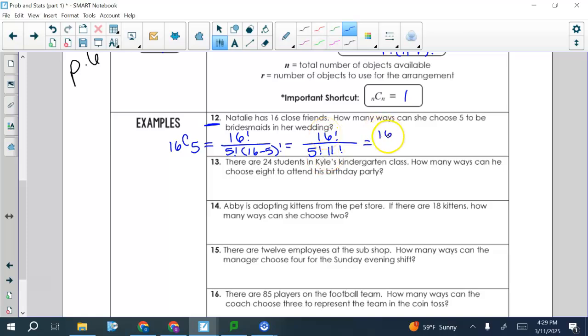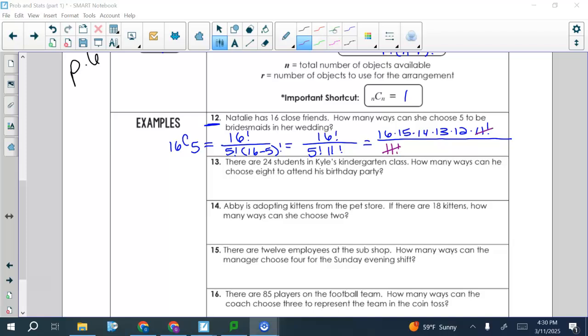So if you think of 16 factorial, remember that meant 16 times 15 times 14 times 13 times 12 times 11 factorial. So you want to go down to that bigger number. The 5 we're going to have to do a different way, but the 11 we can do that way. So in the denominator, that 11 factorial will end up canceling out with that 11 factorial in the numerator.